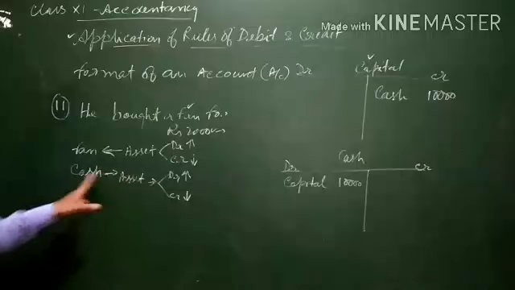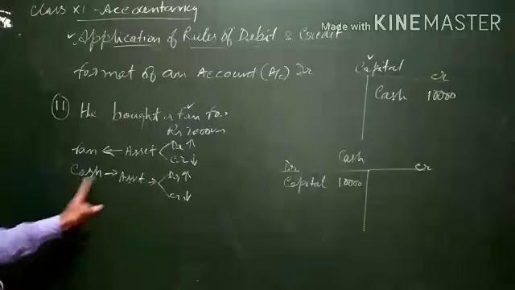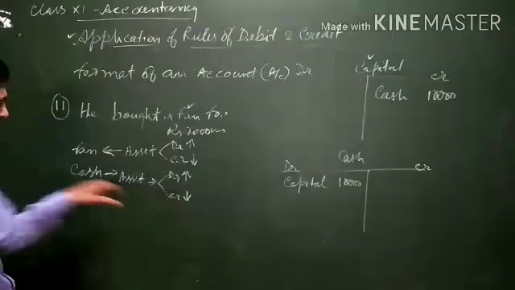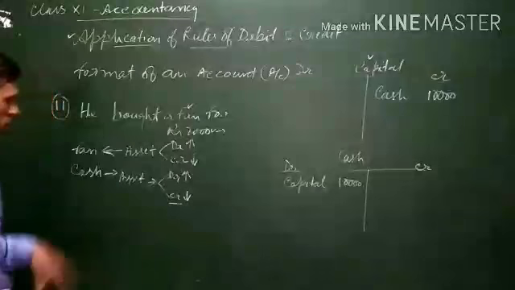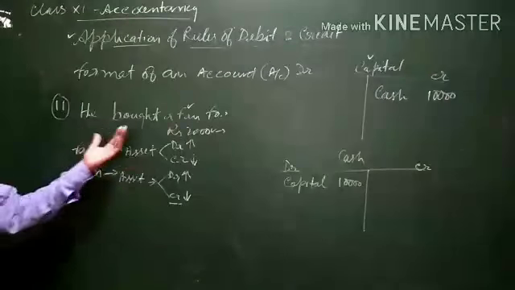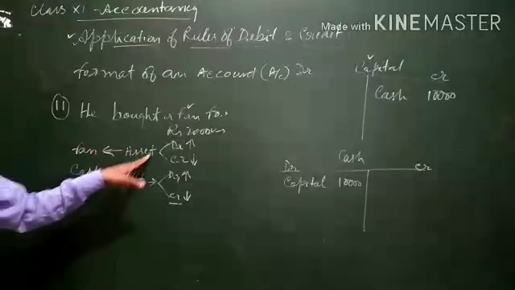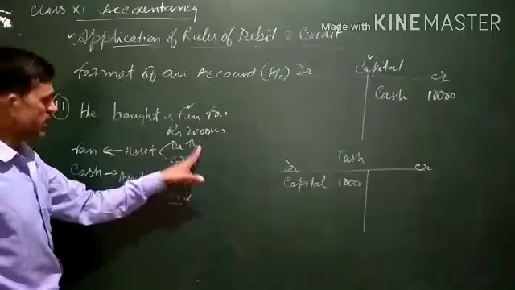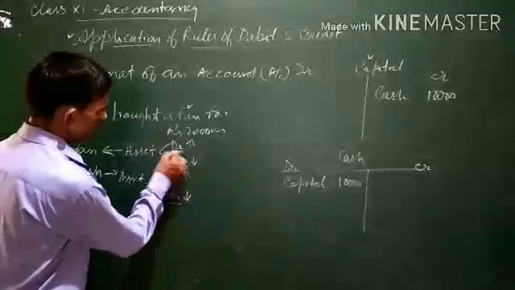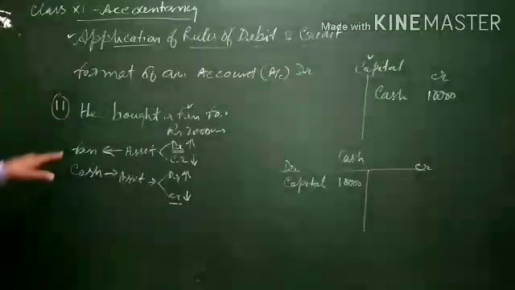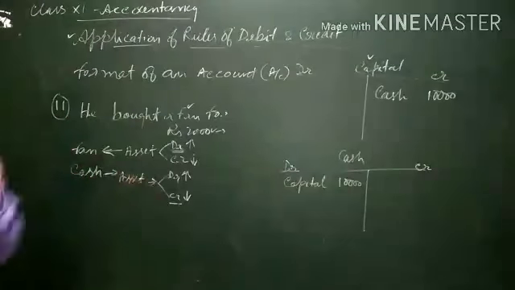Cash will be going out of the business because the fan is being purchased, so cash will be decreasing and the cash account will be credited. The fan is an asset which is being bought, so there will be an increase in an asset. When an asset increases, it will be debited. So fan will be debited and cash will be credited.